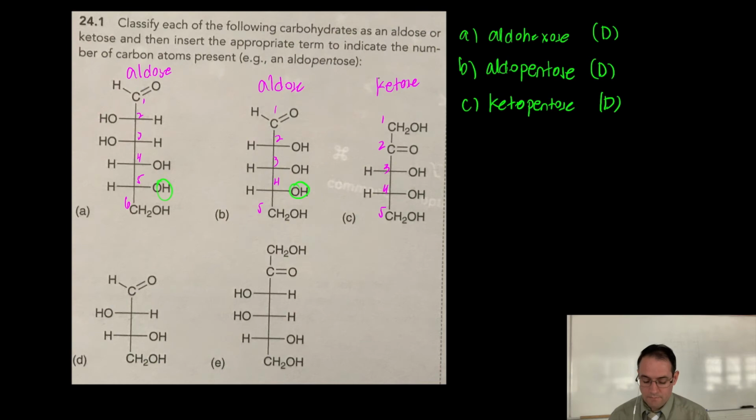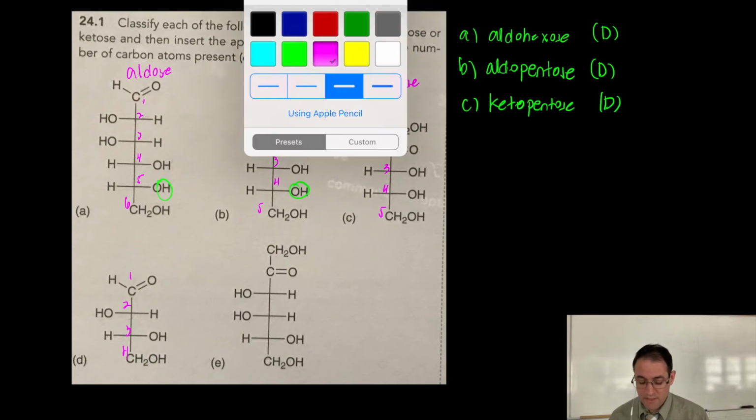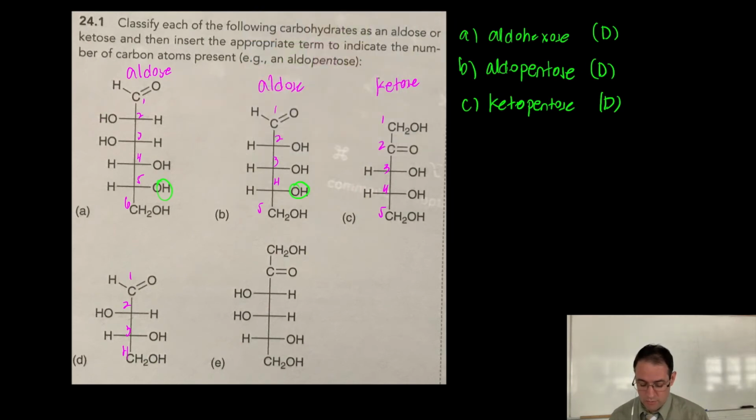Over here, 1, 2, 3, 4 carbons is tetra, right? And it's an aldehyde as well. So this is going to be aldotetrose. We don't say aldotetraose because the A and the O are two vowels together.